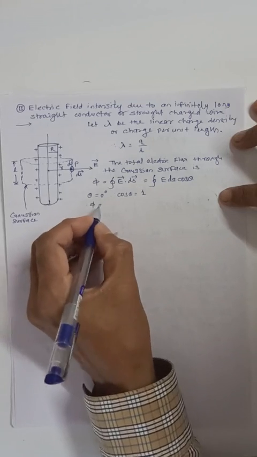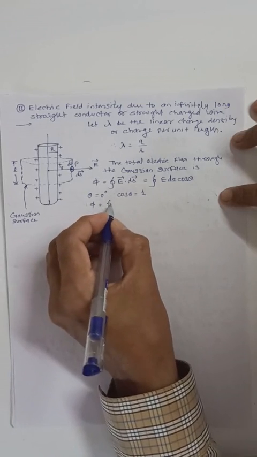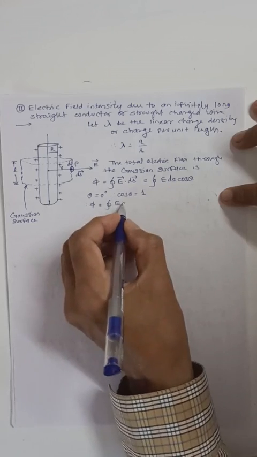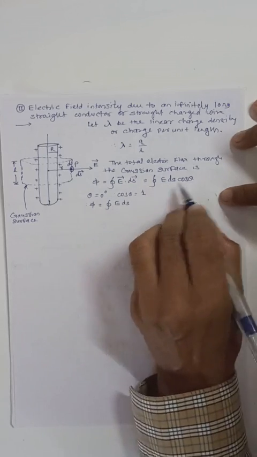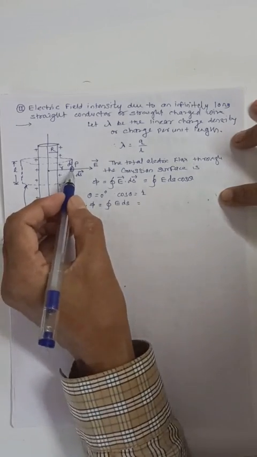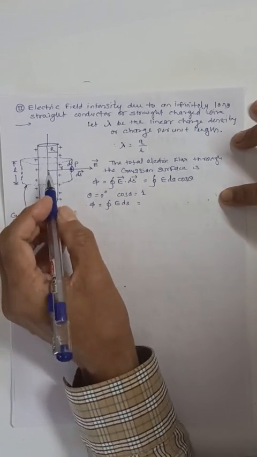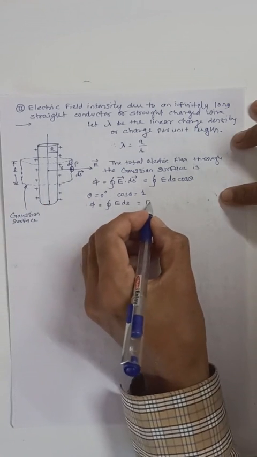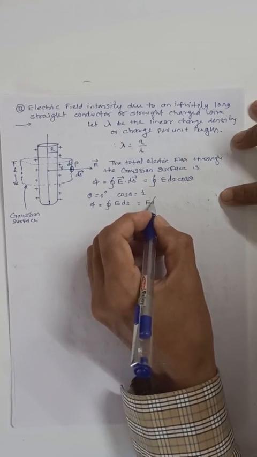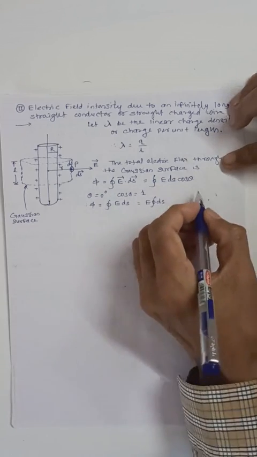So phi is equal to closed integration of E ds, cos theta is equal to 1. But the electric intensity at point P due to the charged conductor is constant, so E into closed integration of vector ds.